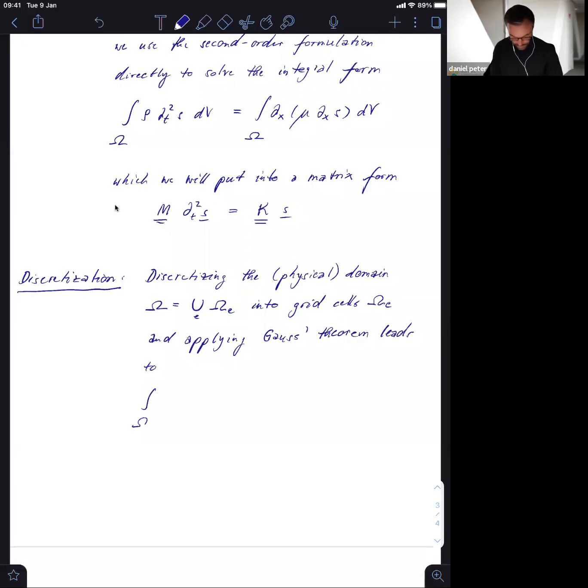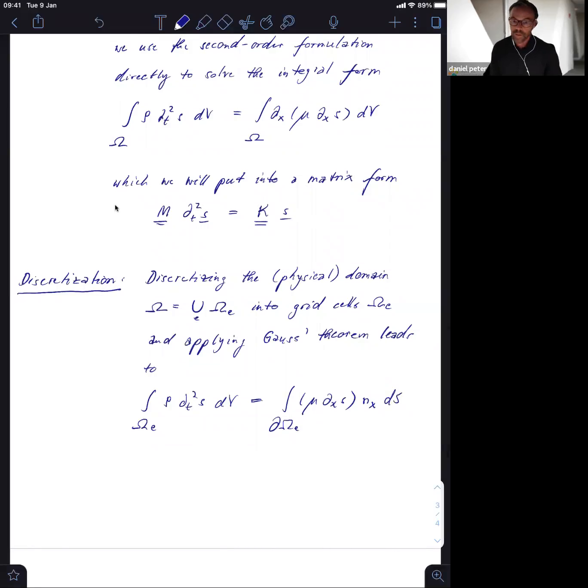For each grid cell, we have the integral over the grid cell of the density times the acceleration, which is now equal to the surface integral over E of shear moduli times the derivative of the displacement times the normal at that surface, integrated over the surface.